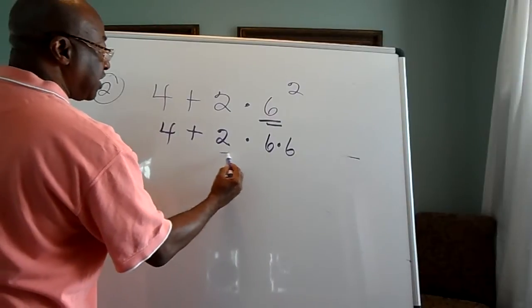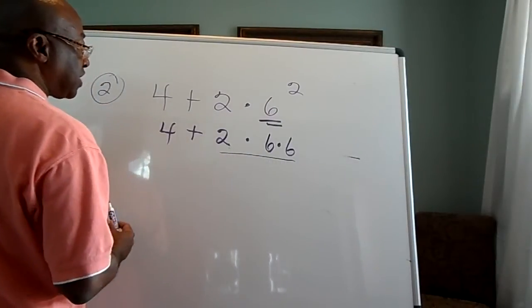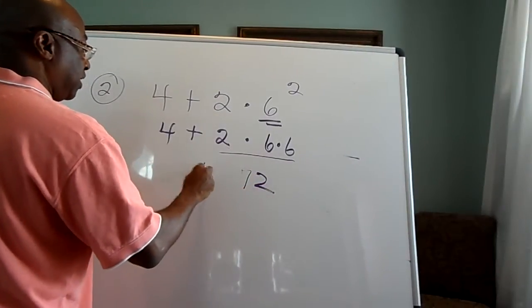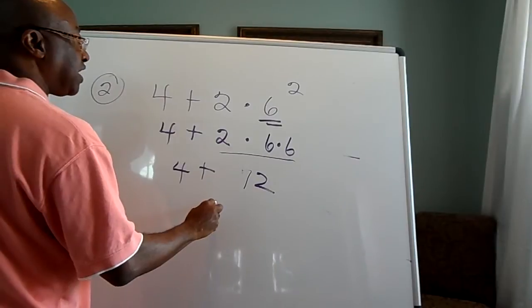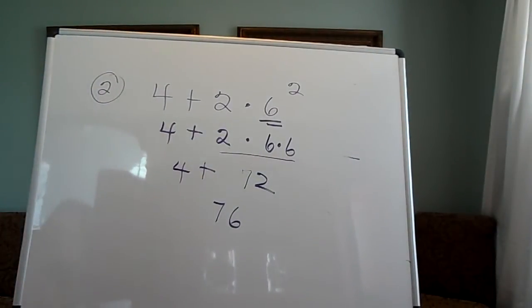Remember, the multiplication is done before addition. Multiply these three numbers and we get 72, plus the 4, which gives us 76. So we should be clear on that. Okay, let's move to problem number 3 now.